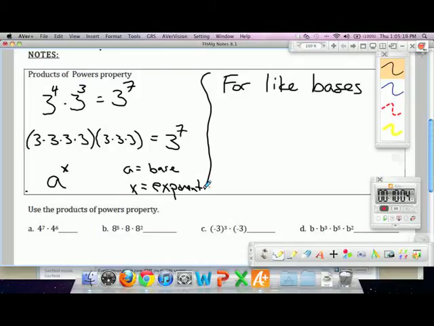If you have like bases, then the following is true. I multiply those same bases together. Multiplying the exact same base is the same as combining it into one base and adding whatever those exponents were.